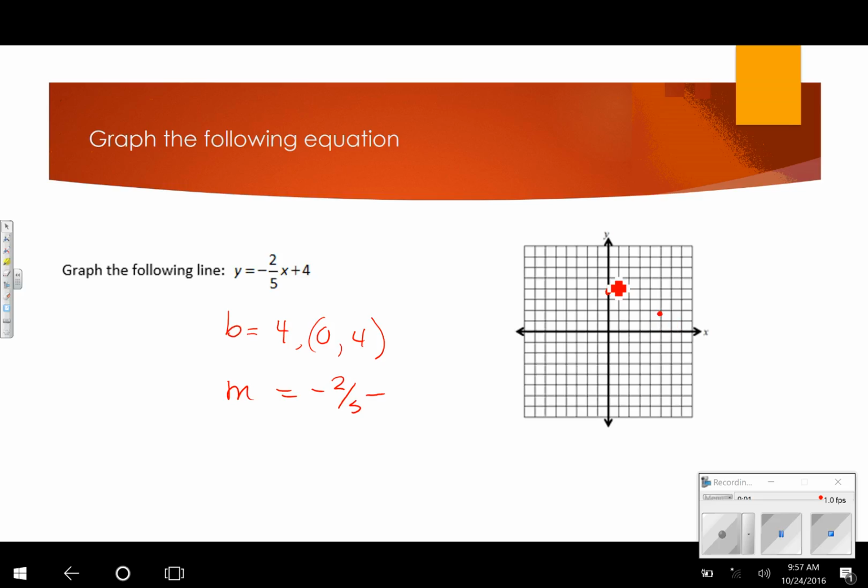Okay, if I go up in a positive direction 2, I've got to go back in the negative direction 5. And there are my points in my really straight line.